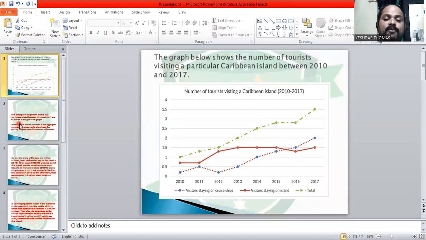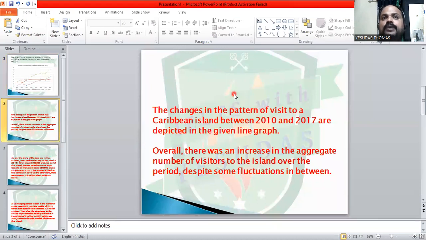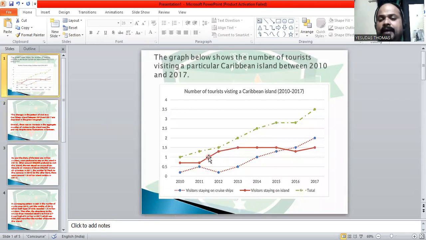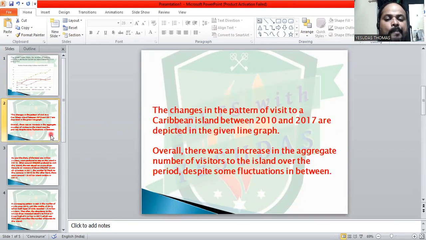So let's go formally. What exactly is the introduction and overview of this particular line graph? The changes in the pattern of visit to a Caribbean island between 2010 and 2017 are depicted in the given line graph. Overall, there was an increase in the aggregate number of visitors to the island over the period, despite some fluctuations in between.